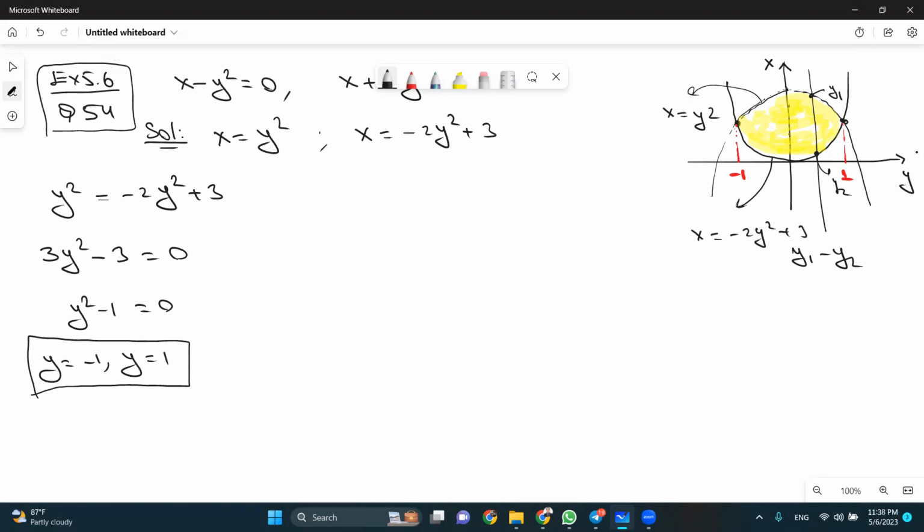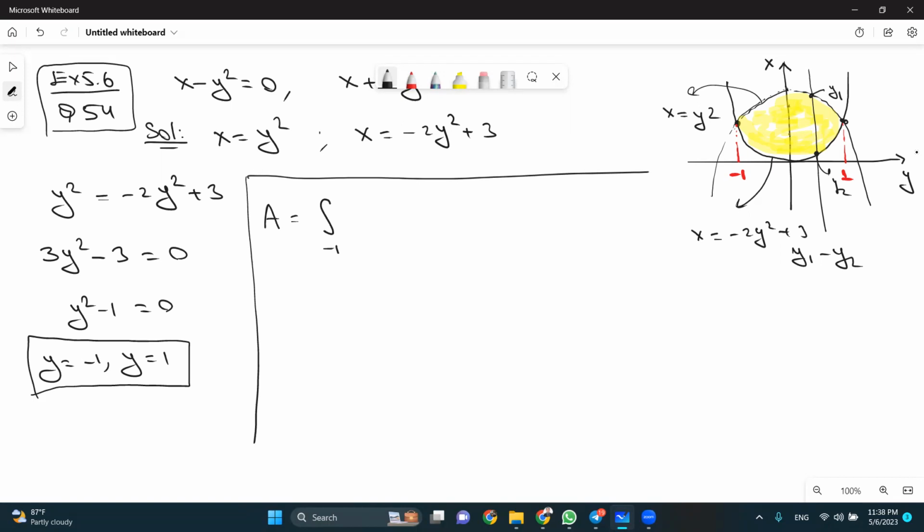So now let me write our integral here. We're going to find the area, which is equal to A. So the integral runs from negative 1 to 1.